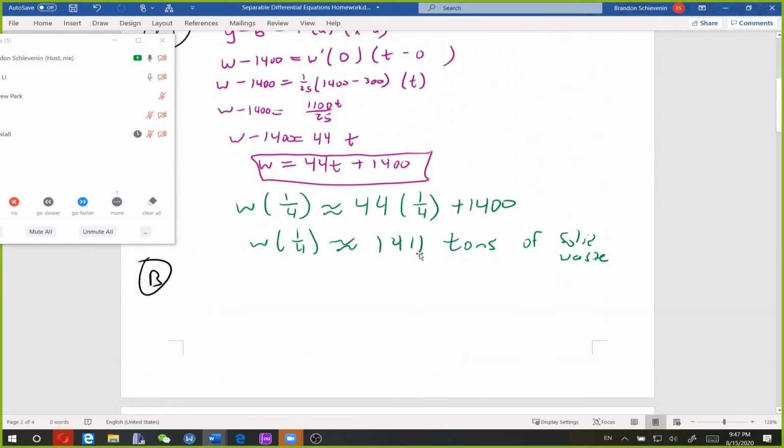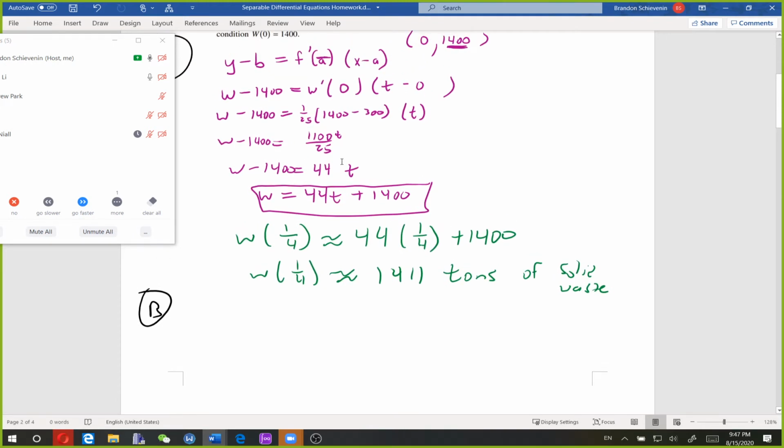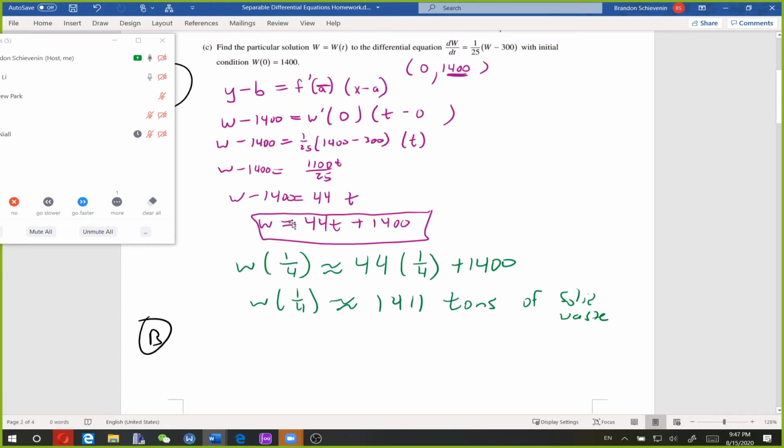We also found in part A that our function was increasing on that interval.